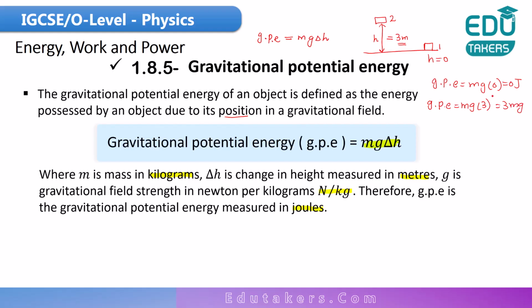This object has some mass and also the gravitational field strength is 10 newton per kilogram. It means that the gravitational potential energy for the second object is larger than the gravitational potential energy of the first object. I can simply say from here, when the height of the object from the ground surface increases, then the gravitational potential energy of that object also increases, because the gravitational potential energy and the height are directly proportional to each other.